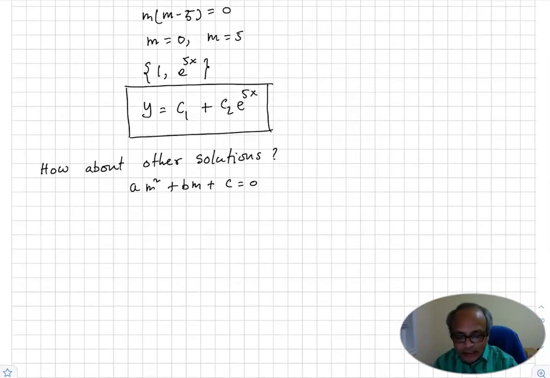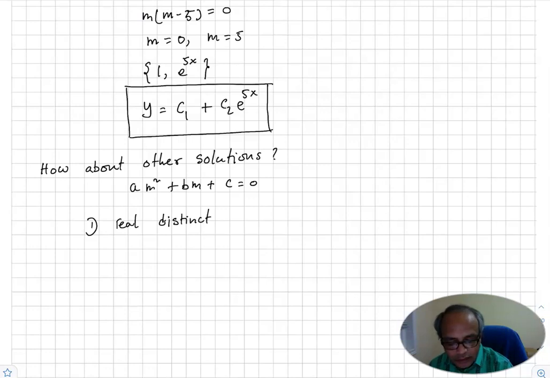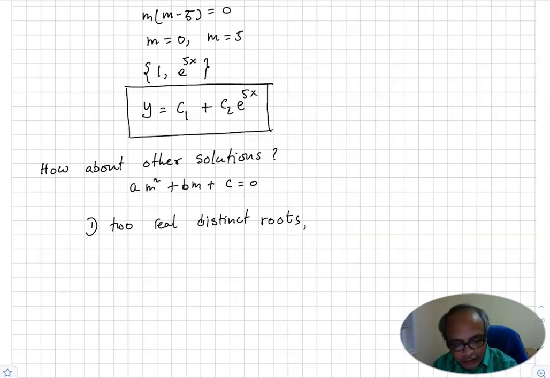So this quadratic equation will have real distinct roots, two real distinct roots, if the discriminant of this equation, b square minus 4ac, is positive.